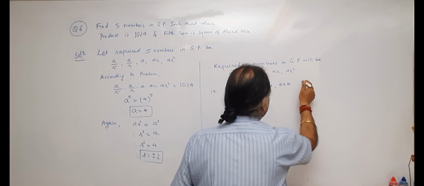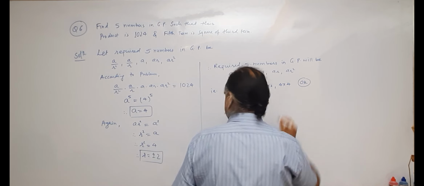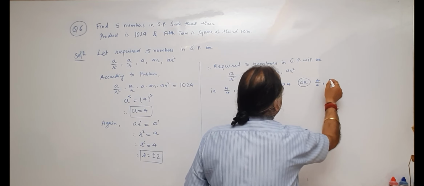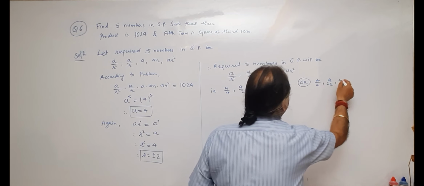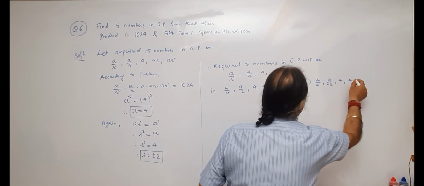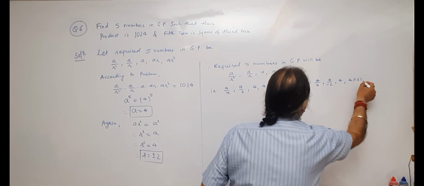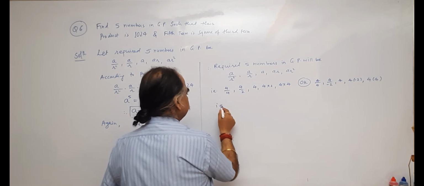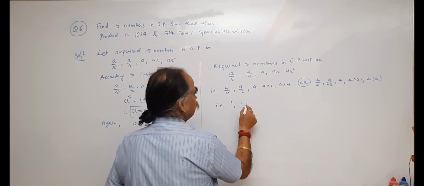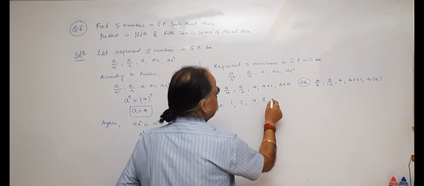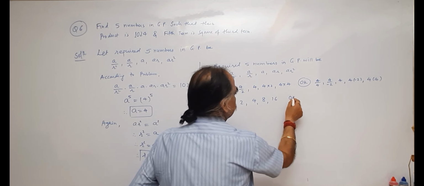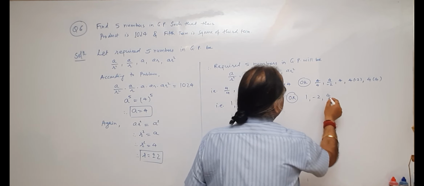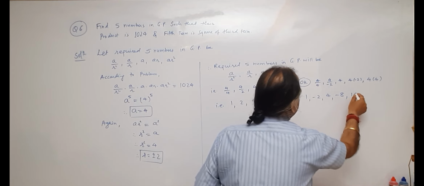Or, when you replace with minus 2, you'll get 4 upon 4, 4 upon minus 2, 4, 4 into minus 2, 4 into 4. That is 1, 2, 4, 8, 16, or 1, minus 2, 4, minus 8, 16.